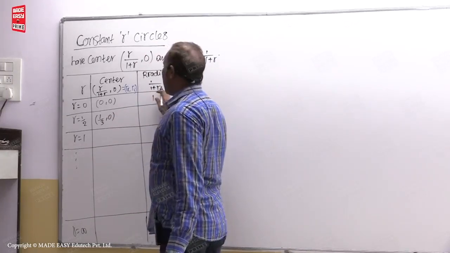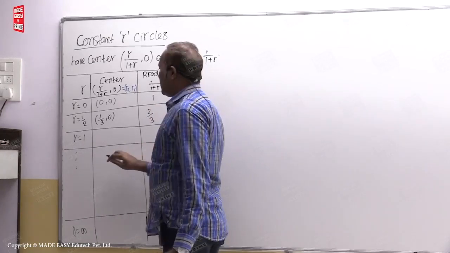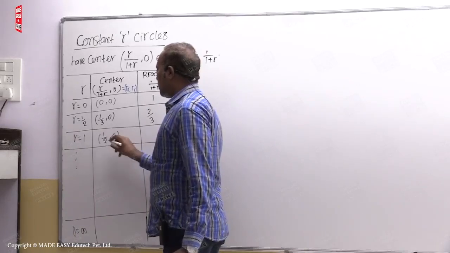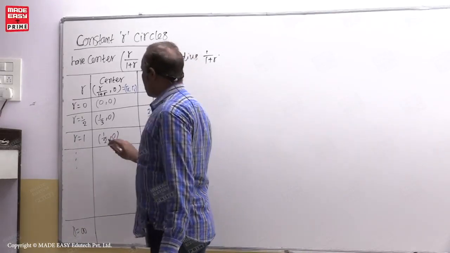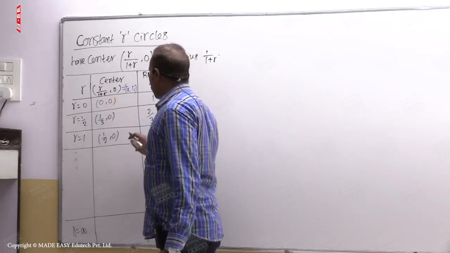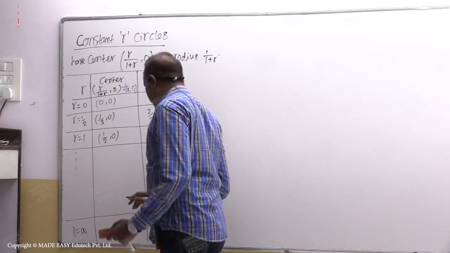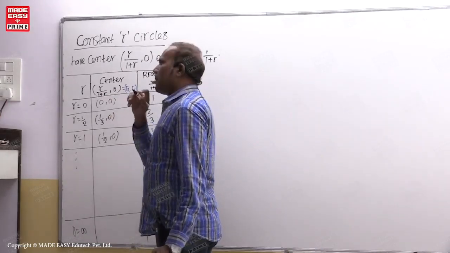The radius is 1 by 3 by 2, so you get 2 by 3. Put R is equal to 1, then 1 by 2 comma 0, and radius 1 by 2. R is equal to infinity, you put 1 by infinity, 0.